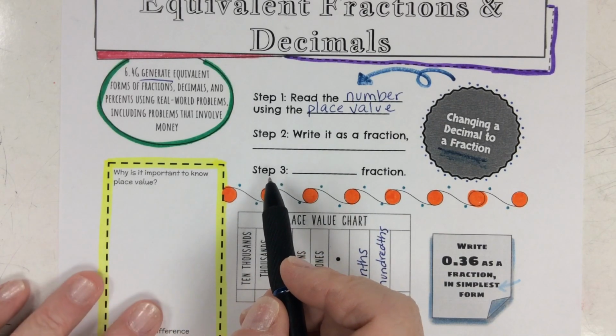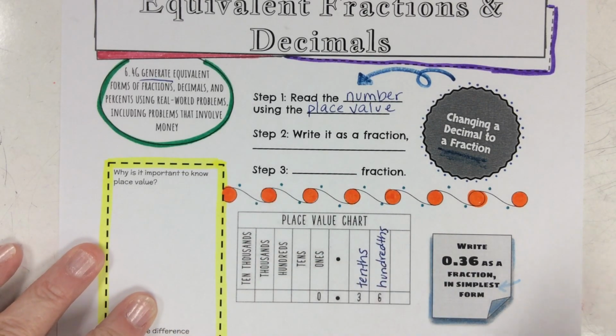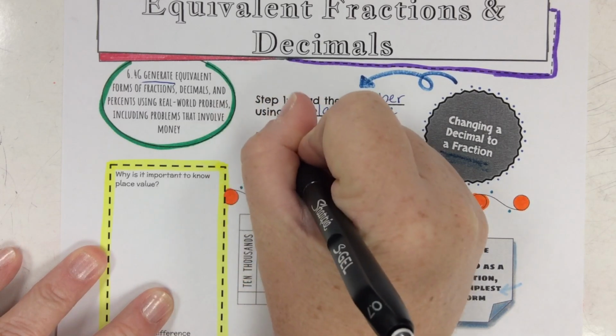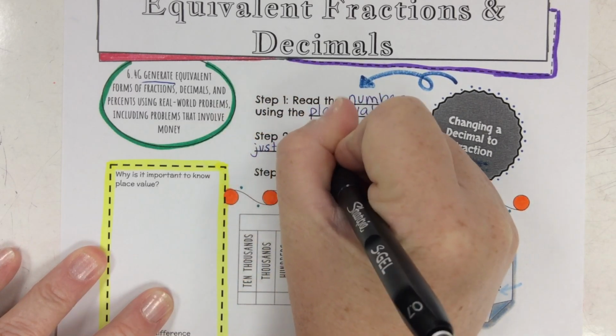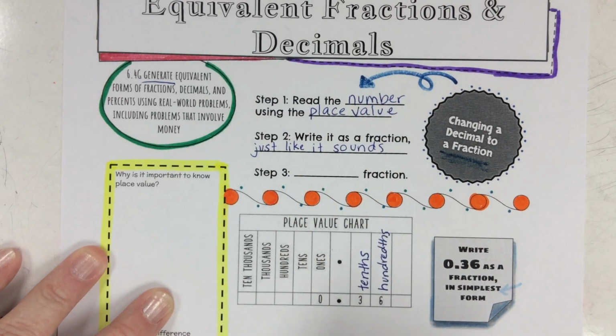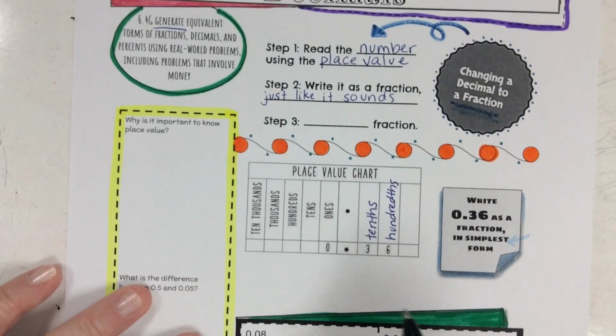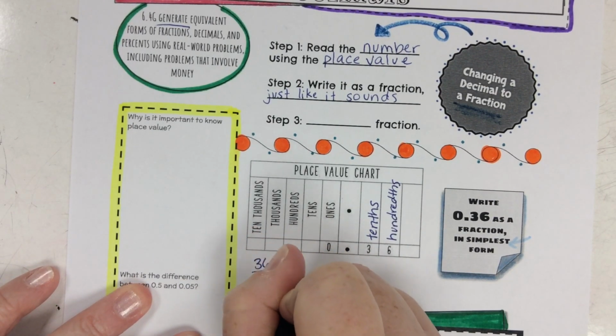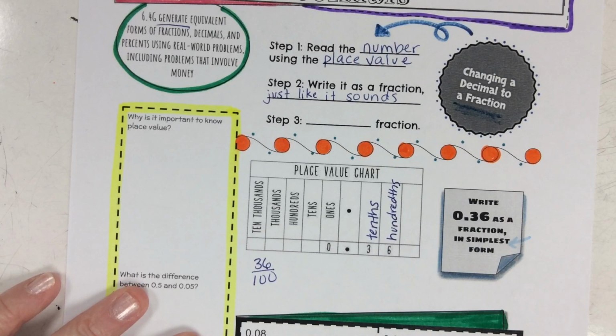We're going to write it as a fraction just like it sounds. So when I say 36 hundredths, that would mean 36 over 100. Man, that was pretty easy, right?